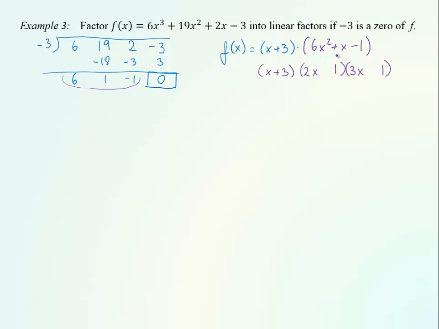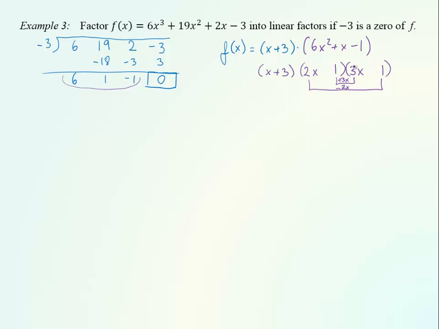We fight for matching the middle term. The middle term comes from multiplying the inside, outside, and adding these two products. So the inside is 3x, the outside product is 2x. We want these two products to differ by 1, and yes, they do differ by 1. So we want the difference to be positive, so this is positive and that's negative.